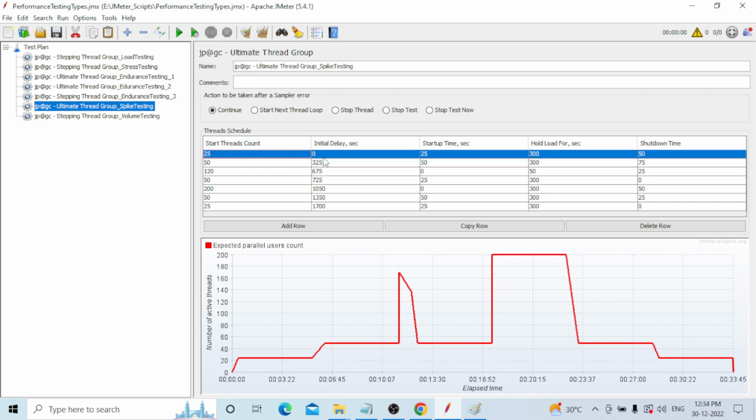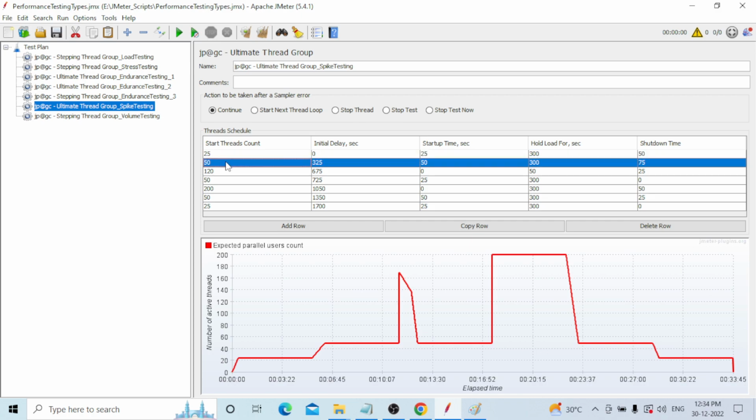The initial delay is 0, the startup time is the same, 25 only, and the hold load is 300. The shutdown time is 25 plus 25, meaning start thread count plus startup time, so I will give 50 until it is completed. Next, take the same 50 value, startup time 50. Initial delay plus startup time plus hold load, 0 plus 25 plus 300, total 325. Same period, I will give hold load 300.